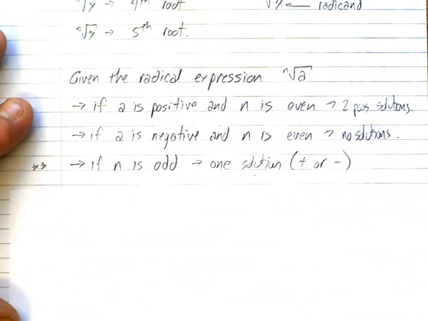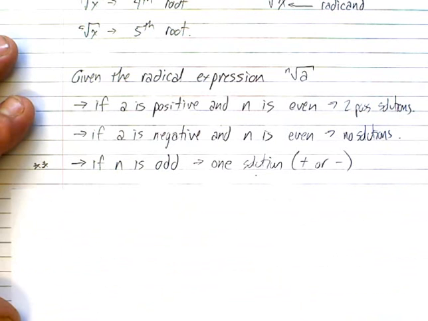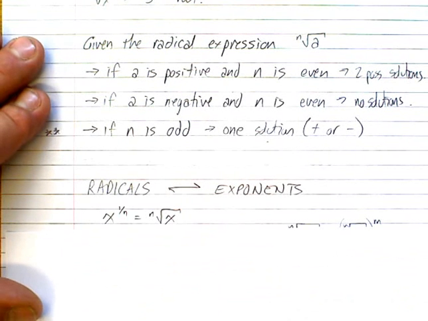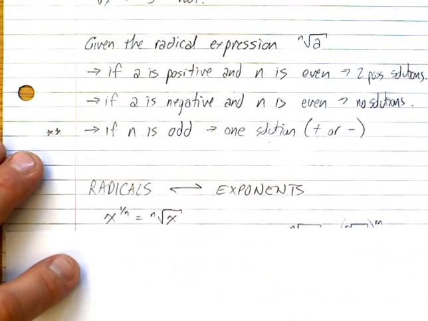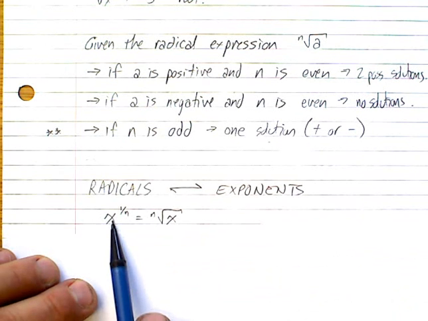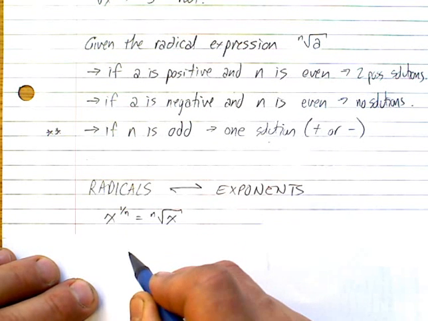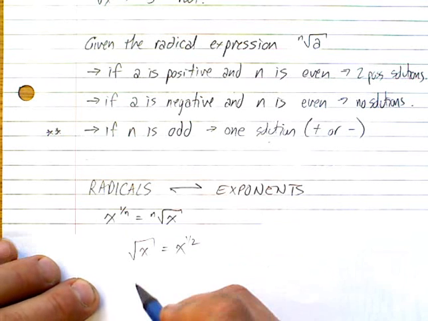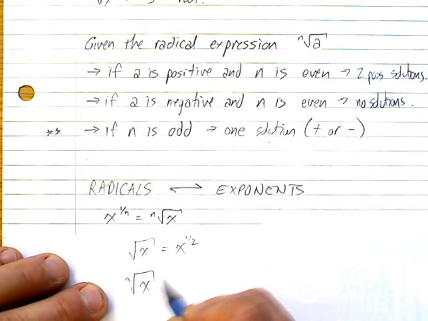And I will show you a few tricks now. These are kind of useful things. So we need to be comfortable going from radicals to exponents. And one of the first things that we look at is this here. So if I have the square root of x, that's the same as x to the 1/2. If I have the cube root of x, that's the same as saying x to the 1/3.